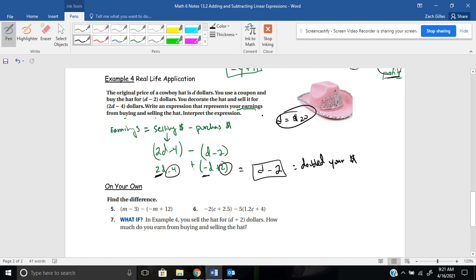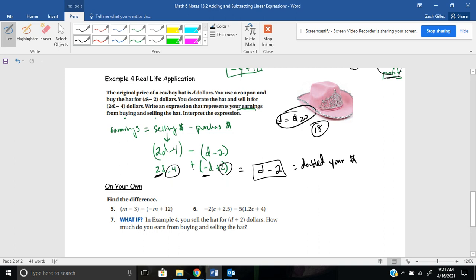Okay. Let's say you purchase a hat for d minus $2. Okay. Well, stick in that situation this amount. What's 20 minus 2? Well, that's 18. Okay. If you buy the hat for 18, it says you decorate it and sell it for 2d minus 4.